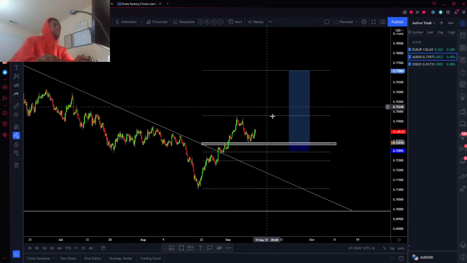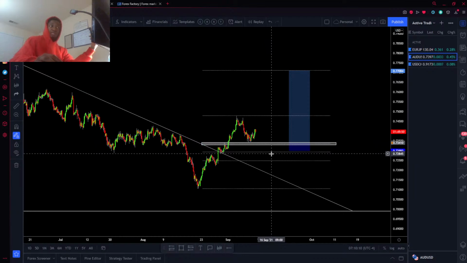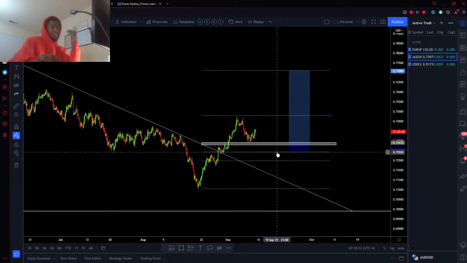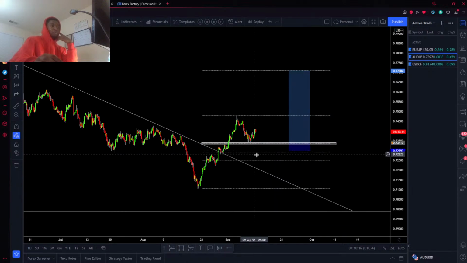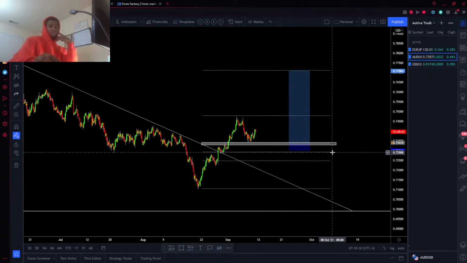That's pretty much it. If it doesn't respect this level, the next level is going to be the 50. If it doesn't respect the 50, the next level is the 61.8. If it breaks the 38.2, I'd say more likely the 61.8 is to be respected and actually taken, at least by me.